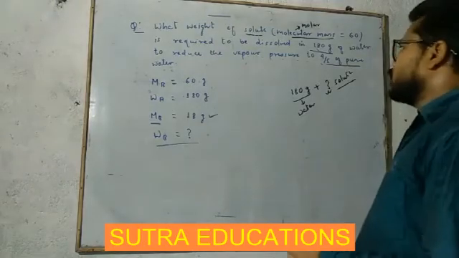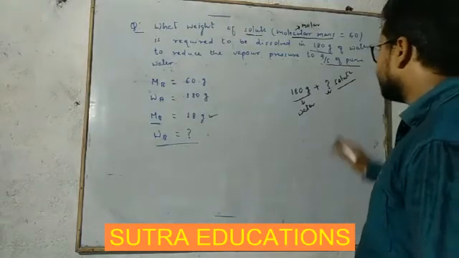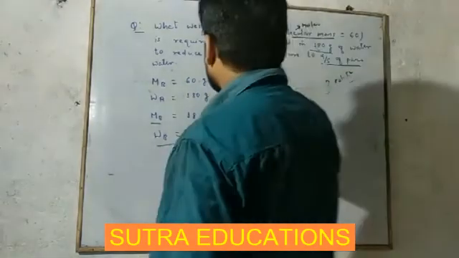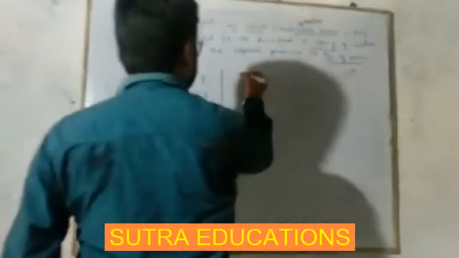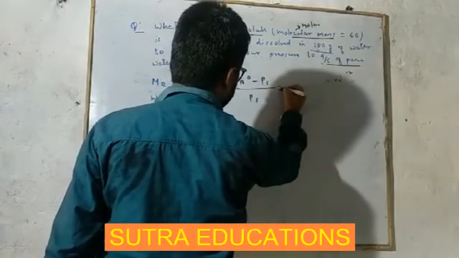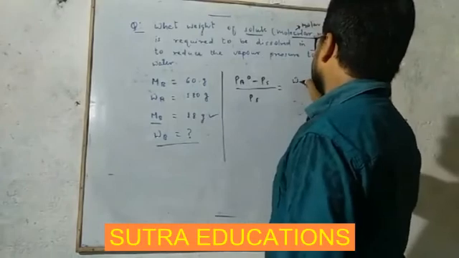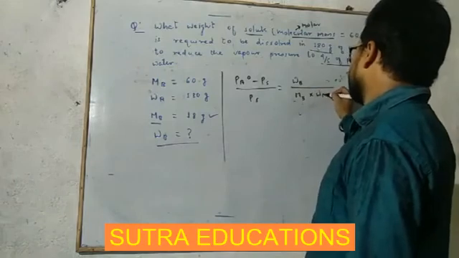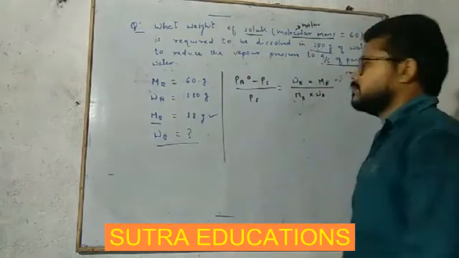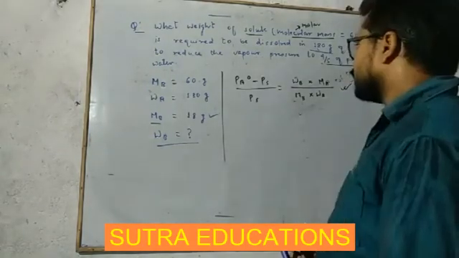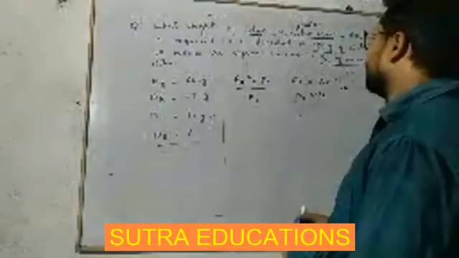So we know a formula: PA0 minus PS upon PS is equal to WB upon MB multiplied by WA upon MA. Yesterday we derived this formula.